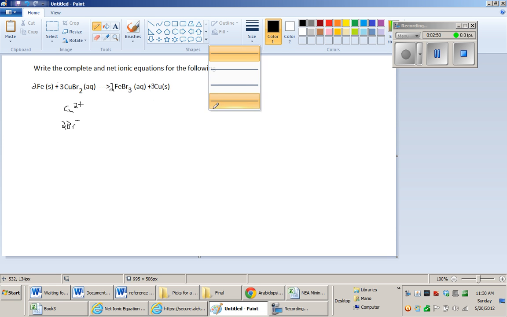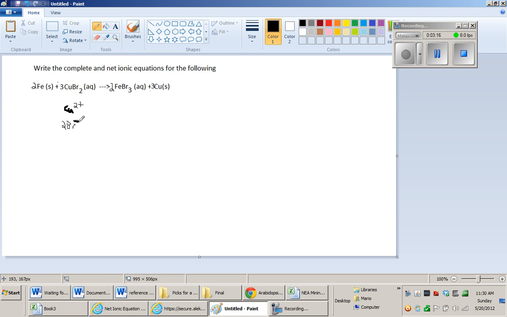And you may be wondering where I got those charges from. This is a skill you should have at this point in the class. If you go and look at the periodic table, you'll find that bromine is a nonmetal. It's only 1 column away from the noble gases, so it's going to gain 1 valence electron when it forms an ion.